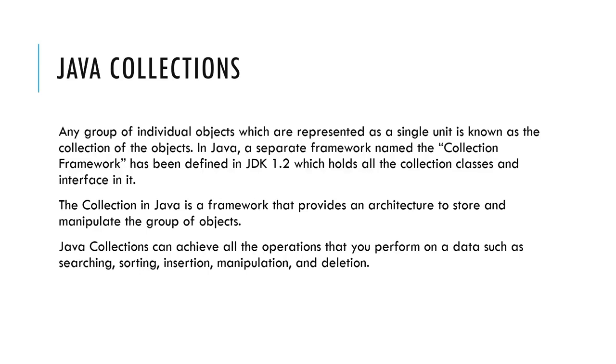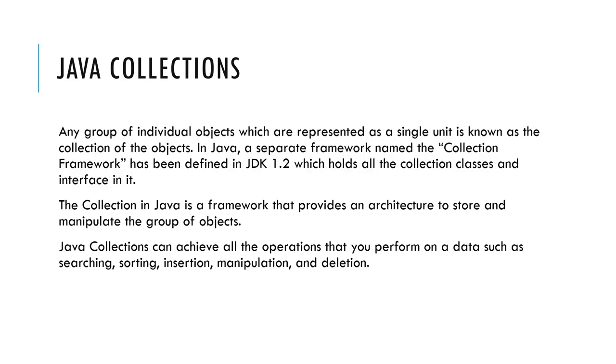The Java Collections Framework is the framework that provides an architecture to store and manipulate a group of objects, and it provides the methods to perform searching, sorting, insertion, manipulation, and deletion operations on that data.